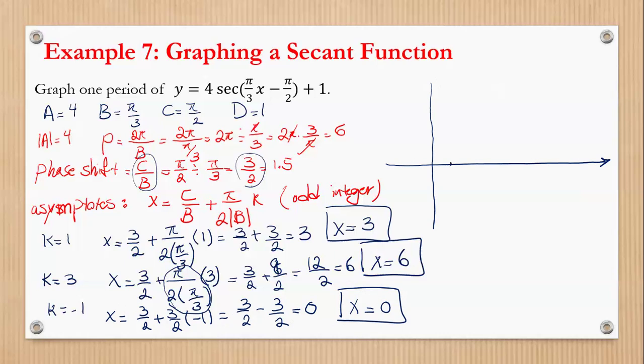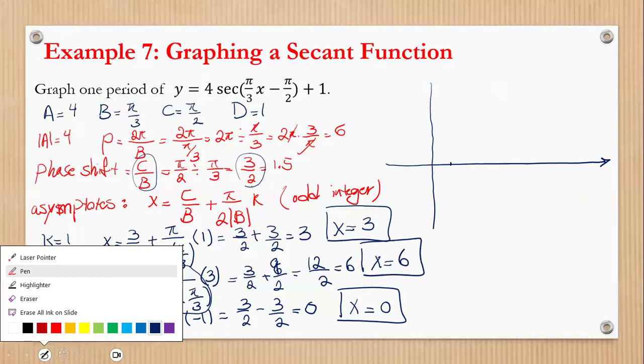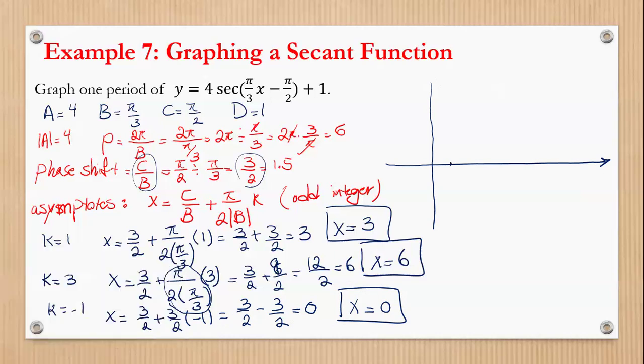My first asymptote is x equals 0, which is the y-axis. Second asymptote is x equals 3, 1, 2, and 3. That's another asymptote. And the next asymptote is x equals 6, 4, 5, and 6.